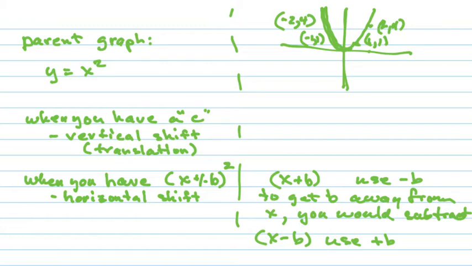It's only when you pull a number away from an x, it always changes its sign. And you can kind of think of that like an equation. If we were going to get that b away from the x, we would use the opposite. It's not exactly the same thing, but it's a good mental picture of what's happening. Okay? So if you pull a number away from an x, it always changes its sign, if you pull it out of the bracket.